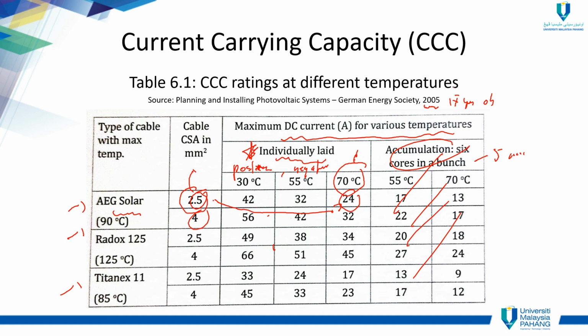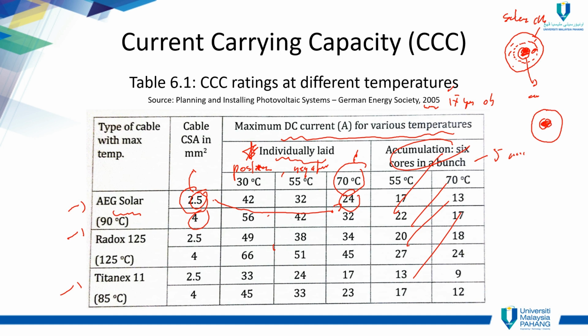What I mean is, if we cut the cross-sectional area of the cable, this is the copper one, I mean the conductor, kan. There are double layers of insulator. Usually for solar cable, if you cut it, you can see the double layer. Usually. The normal DC cable, battery cable for example, is only like this lah I think.